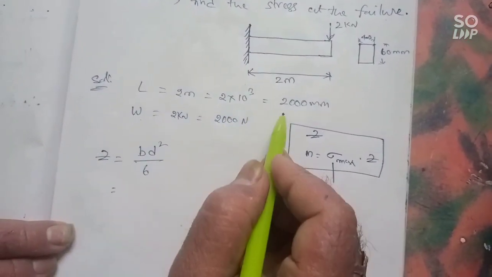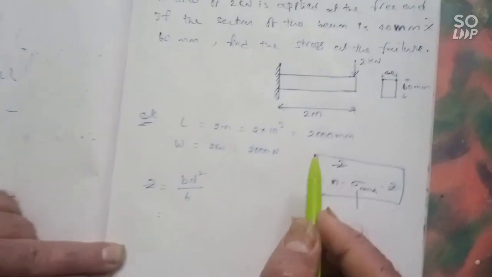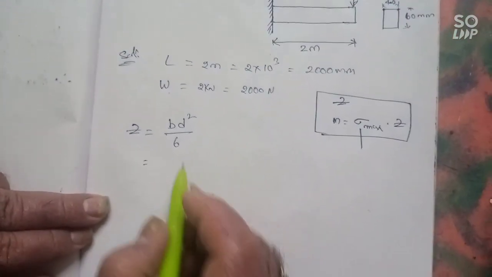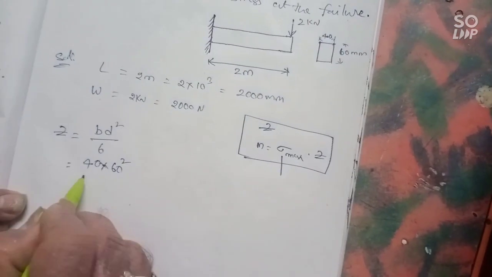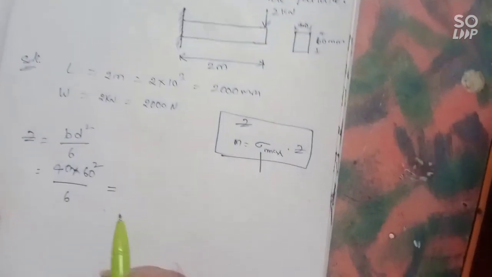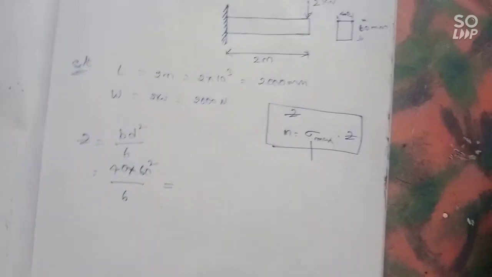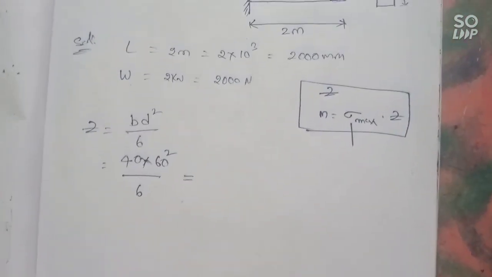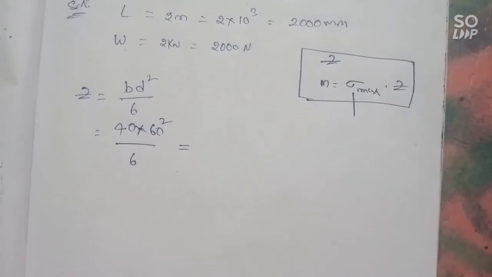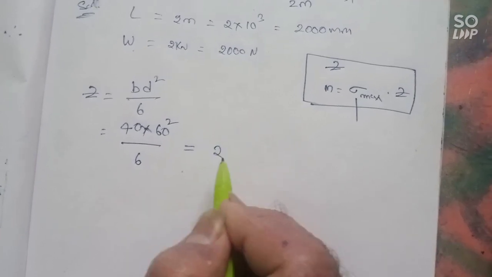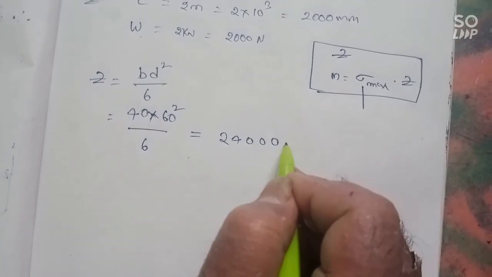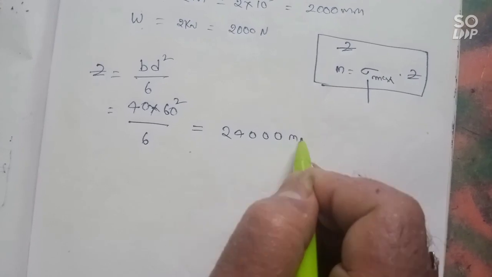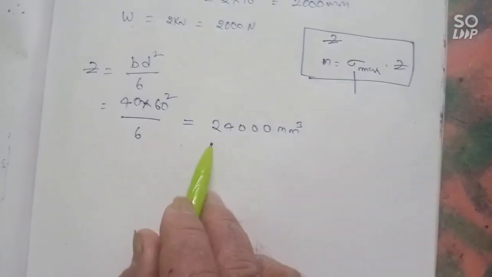B is given as 40, depth 60, so 40 into 60 square divided by 6, that is 24,000 mm cube.